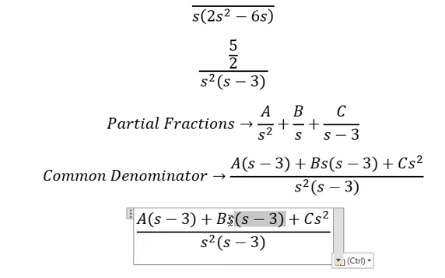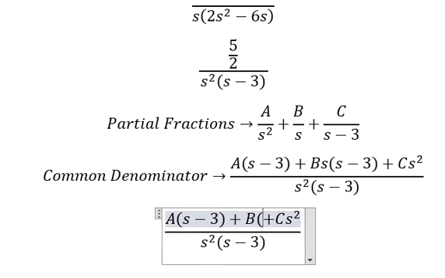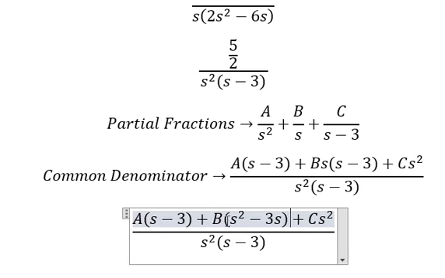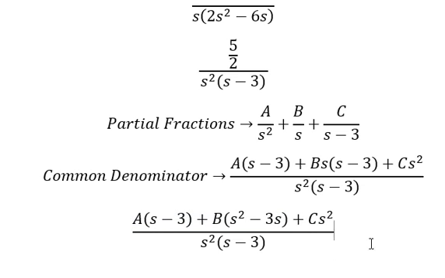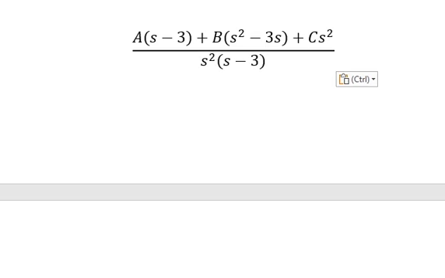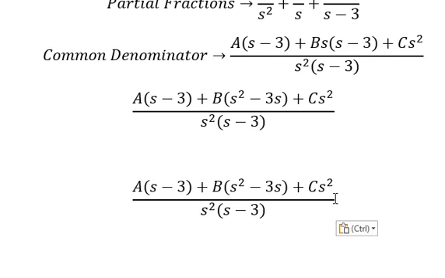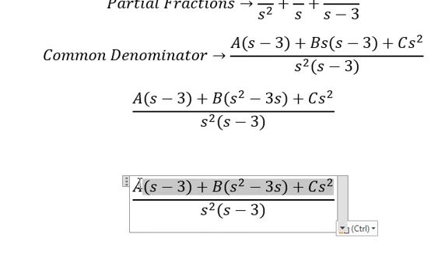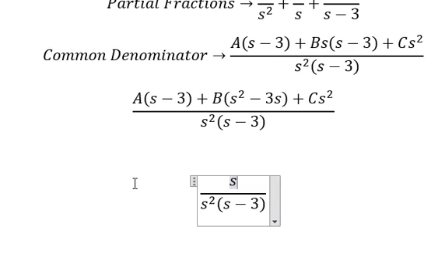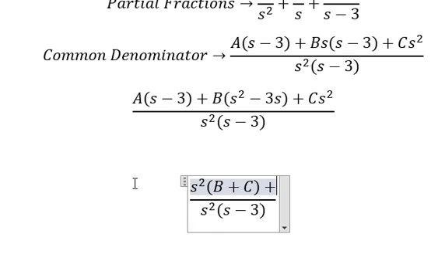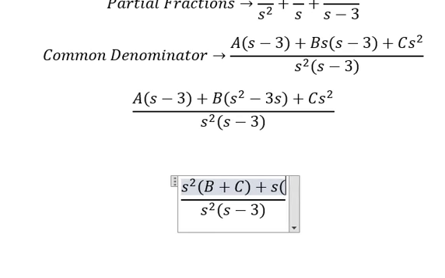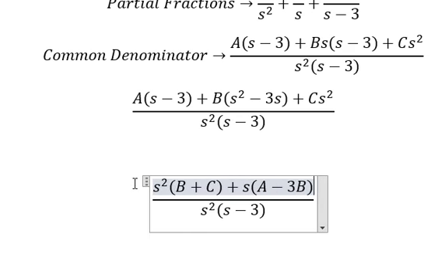Now we need to expand this one. Next, we need to arrange based on the terms of h. About h squared, we have b plus c. About h, we have a minus 3b.